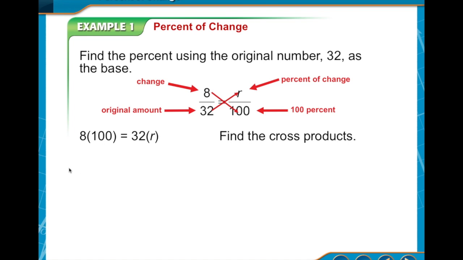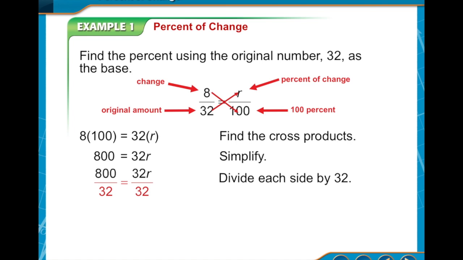And now with just a couple steps, we can get our variable by itself. So on the left, we get 800. On the right, we get 32R. And we could divide each side by 32. So we see that R should equal, if we plug that into a calculator, R should equal 25. So there we have that value.